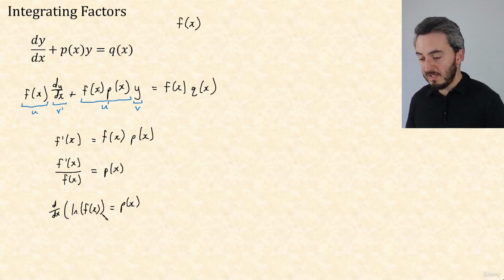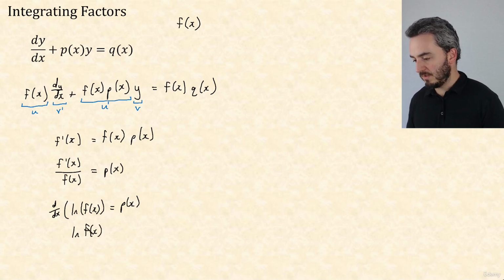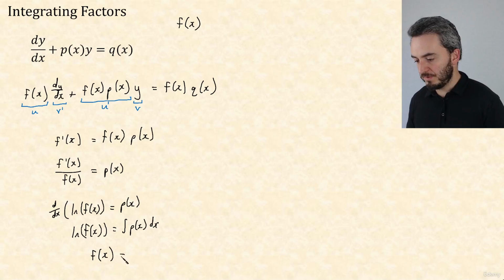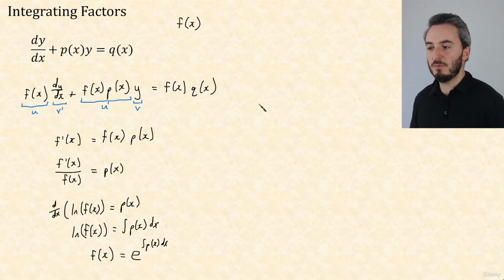So, peeling this all away, we can say that ln of f of x is the integral of p of x. And therefore f of x, and here's the big result, is e to the integral of p of x. So this is our super duper important result.